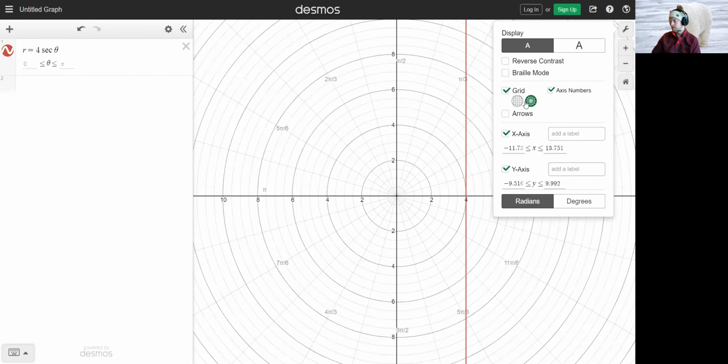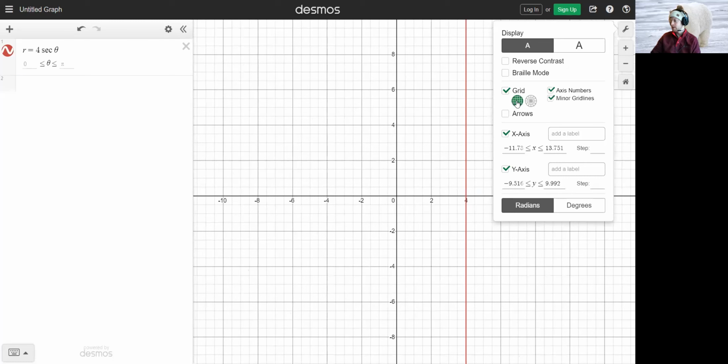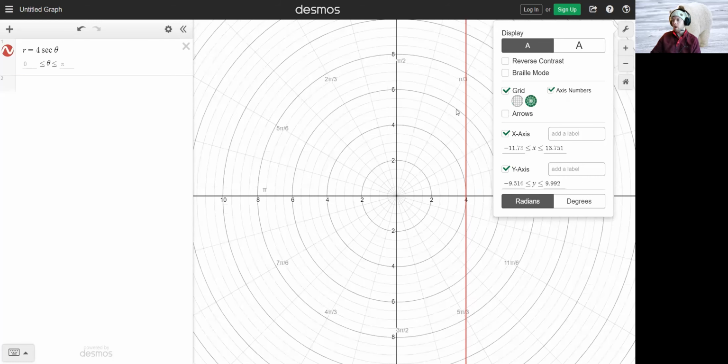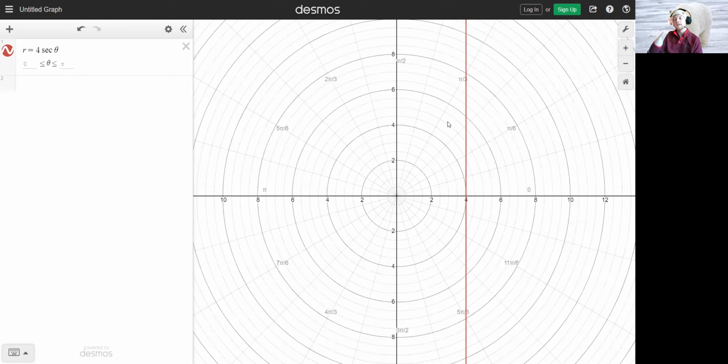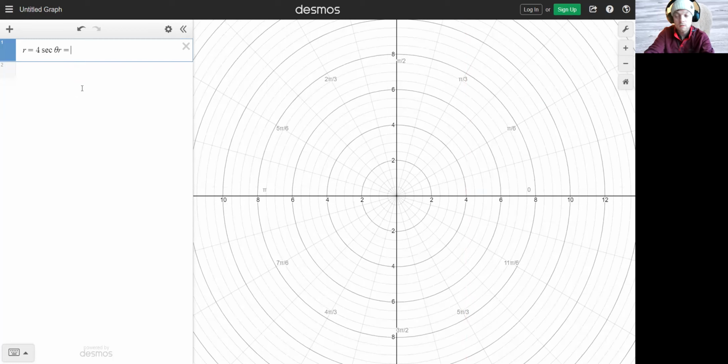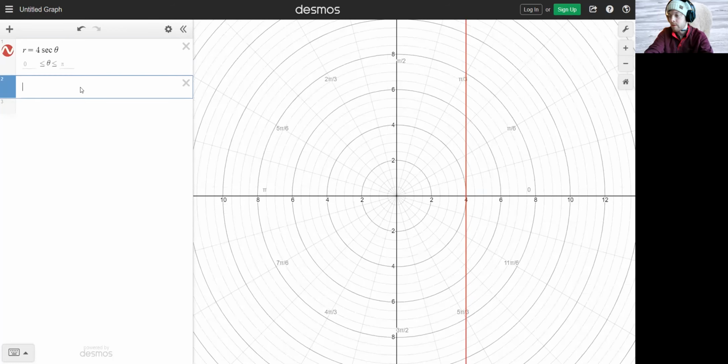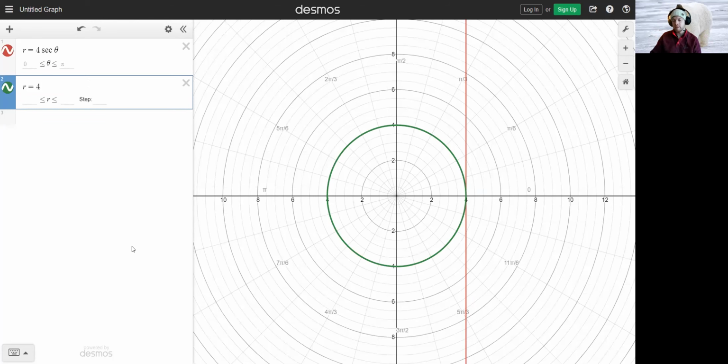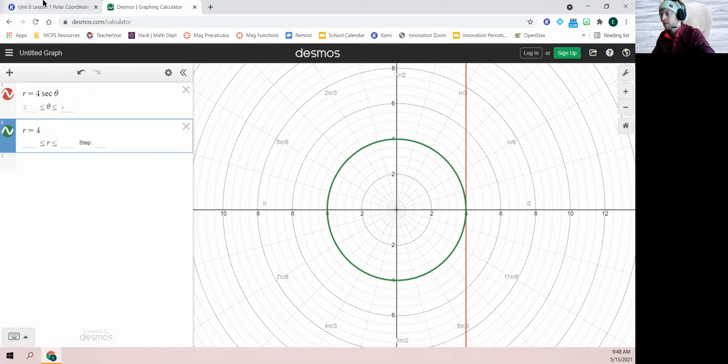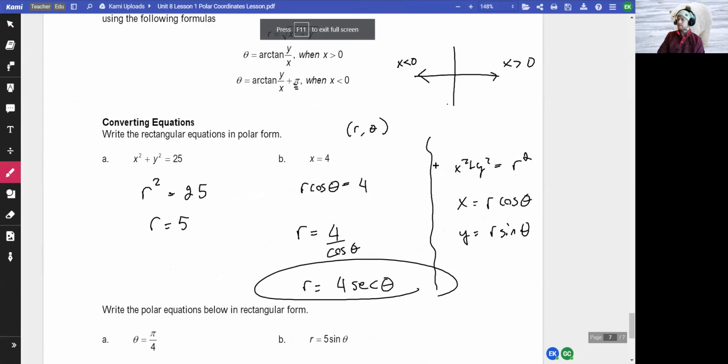So here we are. r equals 4 secant theta is the vertical line. If I type in r equals 4, we get the circle. So Desmos recognizes polar equations. Boom, 4 secant theta is the vertical line that is 4 units away from the pole.